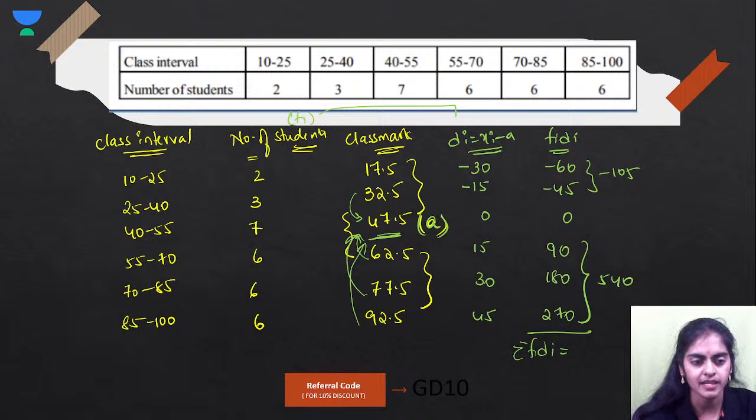Are you getting the same answer? Okay. Chalo, so 435 you got.